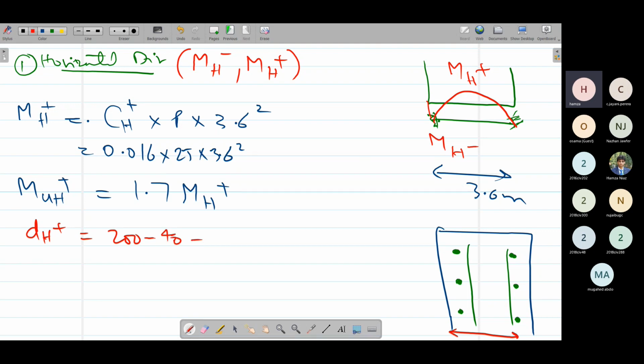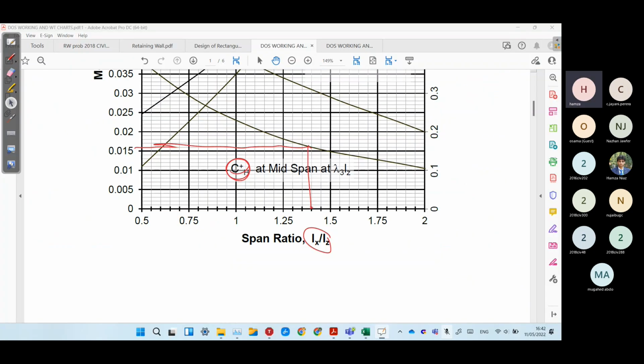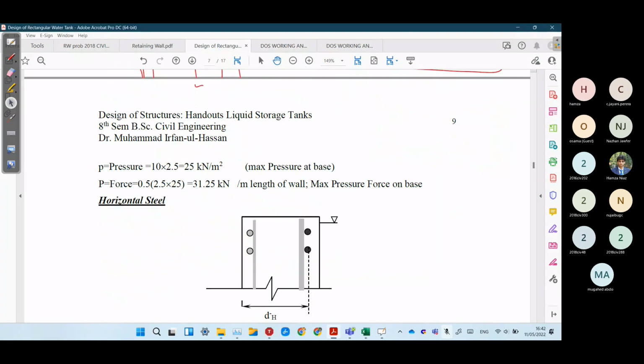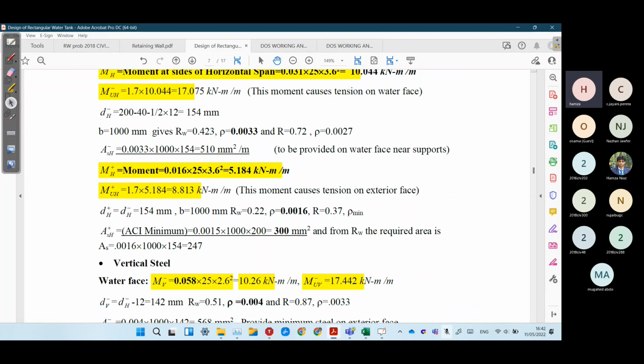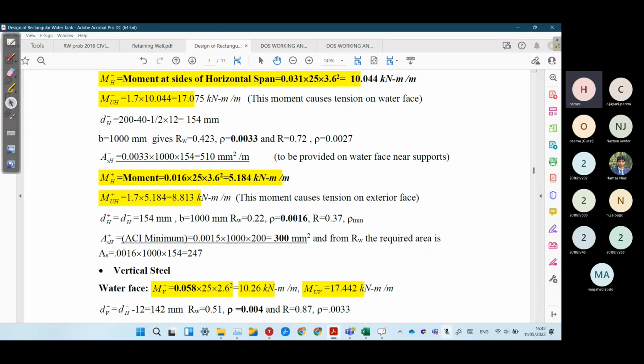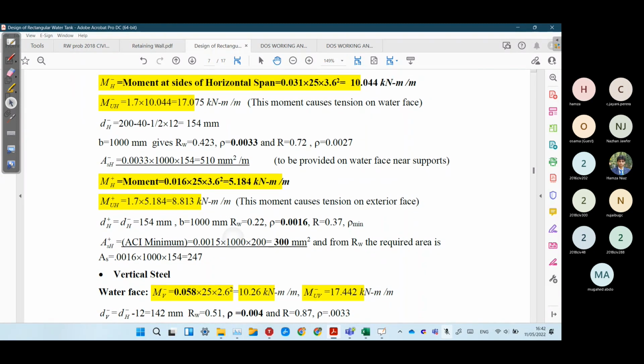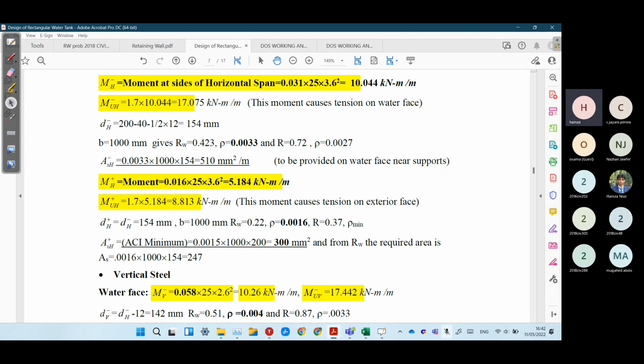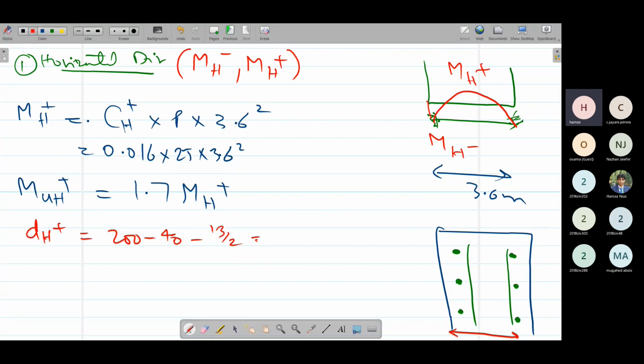So we can take the bar diameter as, I think, 13 or whatever. So 13 by 2 we can take. For horizontal steel they have taken the bar diameter as 12, so 13. That means they have taken 13.